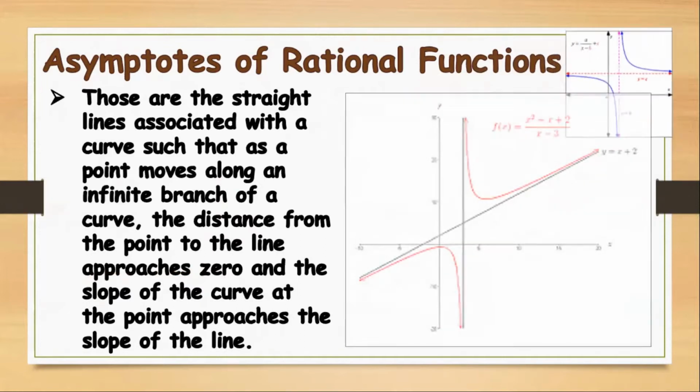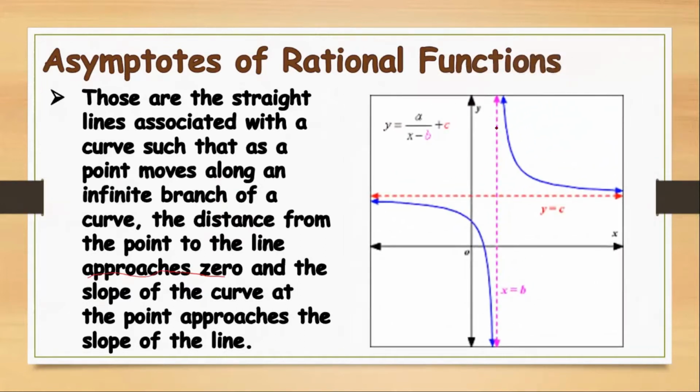We have also here the example of our asymptote. This pink line here is a vertical asymptote, and this red line here is our horizontal asymptote. Take note that no matter how near this graph of a rational function is, it will never touch our asymptote.